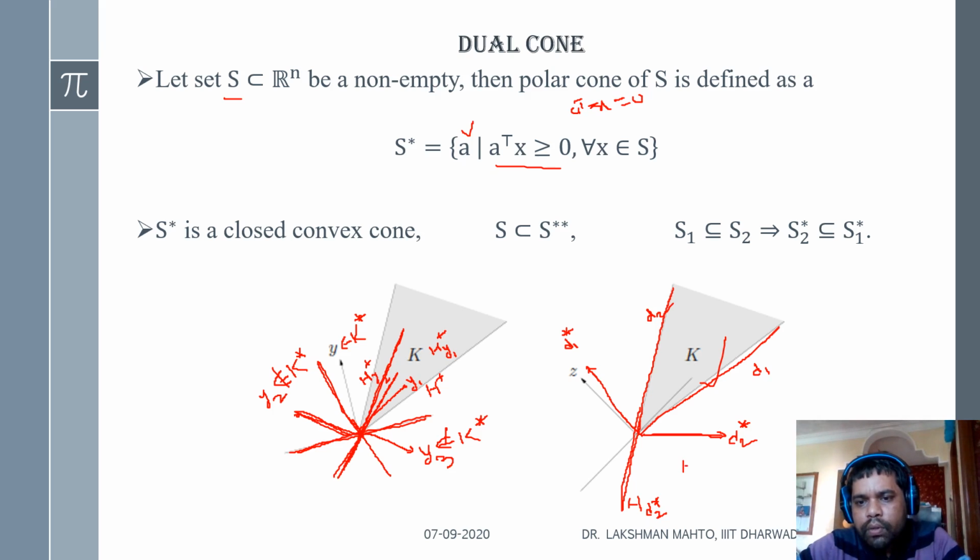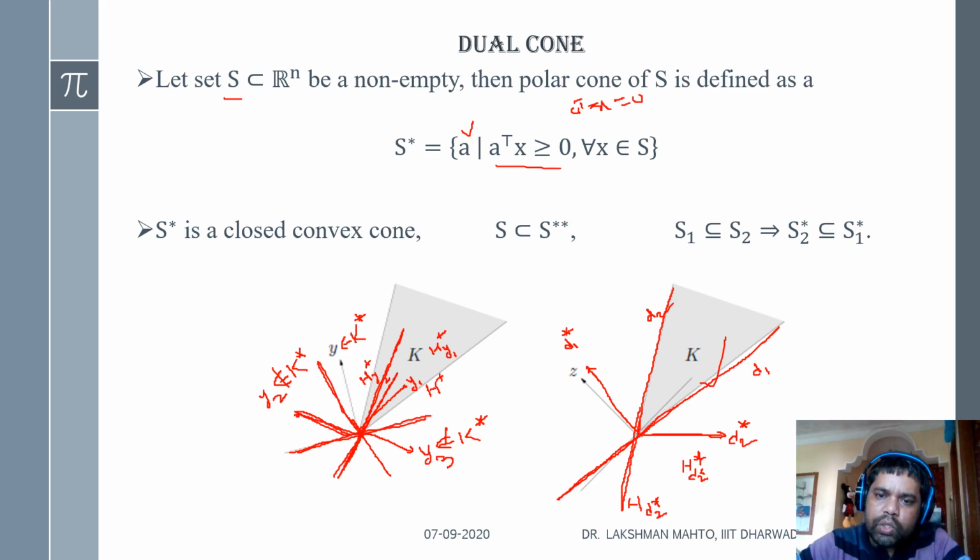Here we can observe that K is falling in the positive half space with respect to d2 star. Similarly, by considering d1 as a direction, you can define a hyperplane, with d1 star considered as a normal.